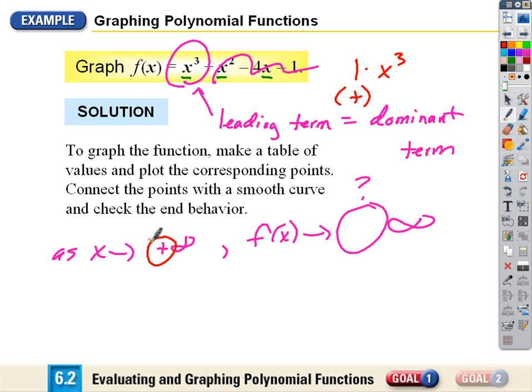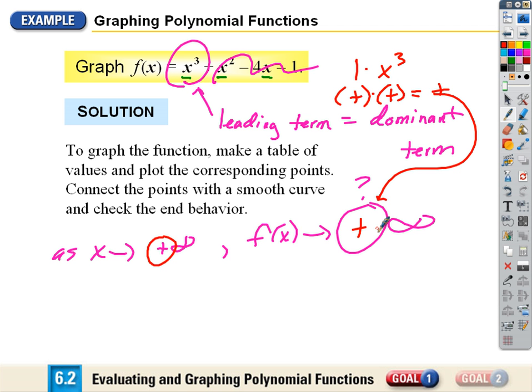If I take a positive number to any power, what's the sign going to be? Positive. So I end up with a positive times a positive, which is what? Positive. So I get a positive infinity for my result. That's the limit of the function. As x approaches positive infinity, f of x would approach positive infinity because of the sign of the first term.